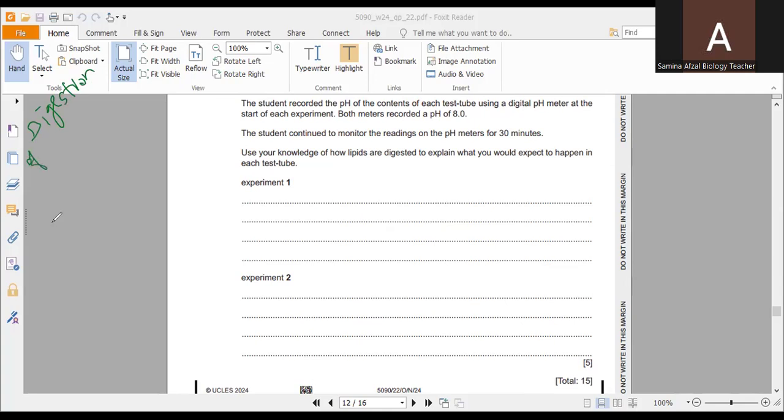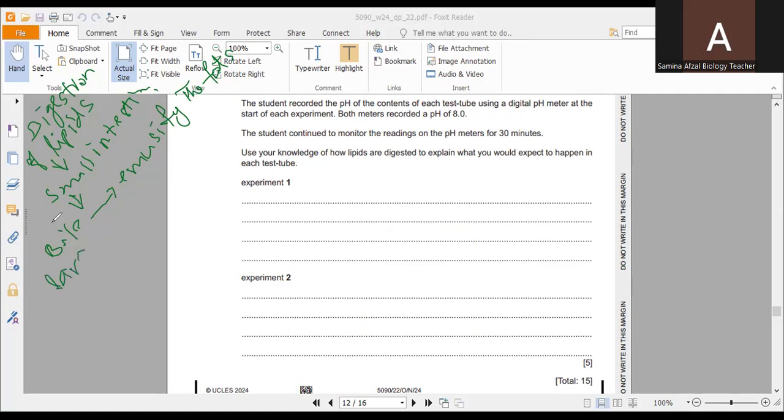Digestion of lipids in the small intestine. Bile is used for emulsification of fats or lipids. And what is emulsification?